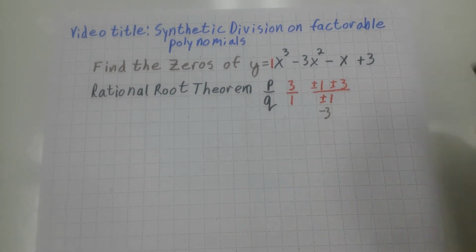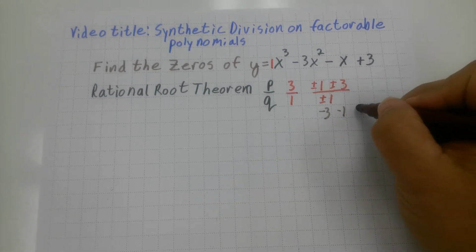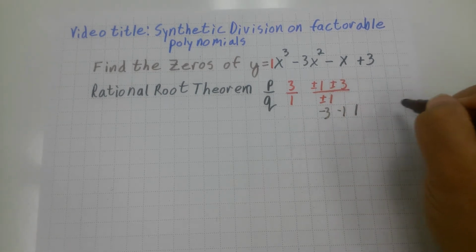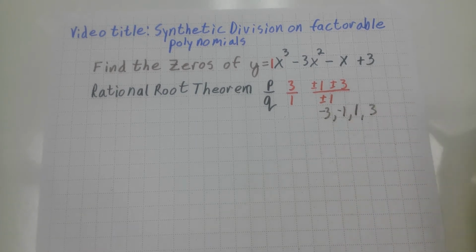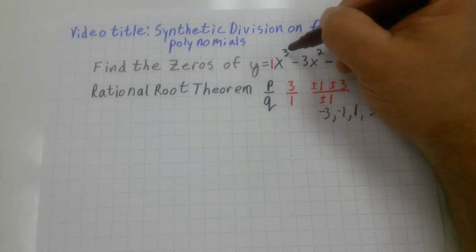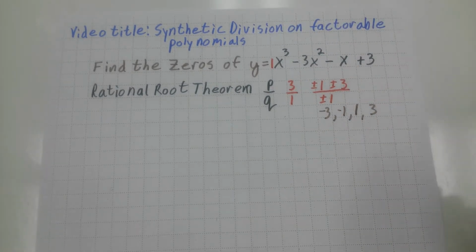The next answer could be negative 1. The other answer could be positive 1. And the final answer could be positive 3. I like this problem because there's only 3 solutions, it's to the third power, and I have 4 possible rational roots.